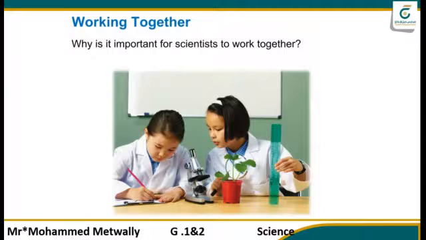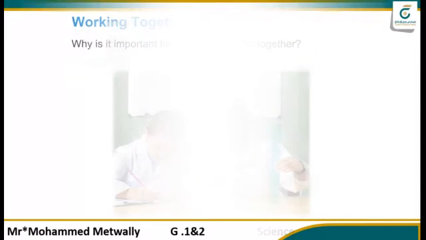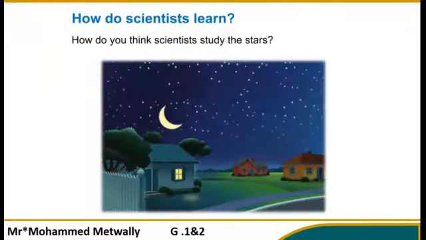Of course, one of the skills is to observe the stars. You know that the stars are far from us, so use your mind and think about how scientists can see the stars. Excellent! They use the telescope. A telescope is a tool that scientists use to see the stars. So you observe, you predict, and you analyze.